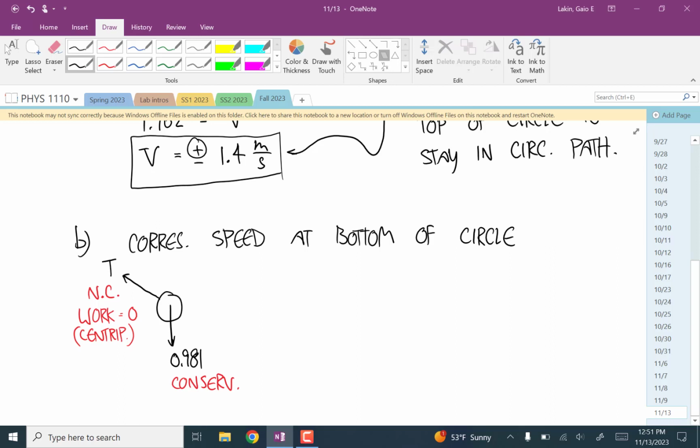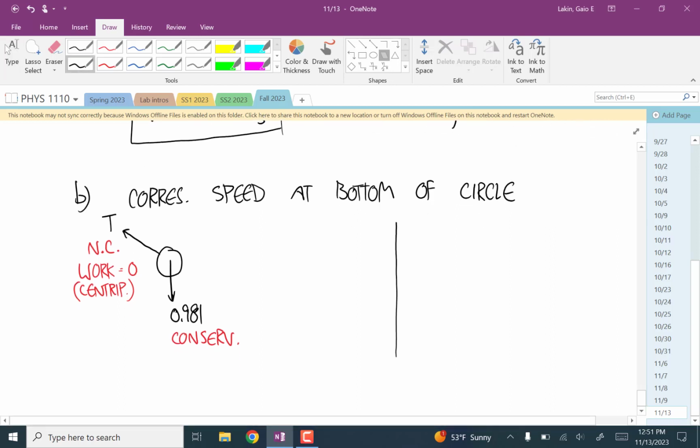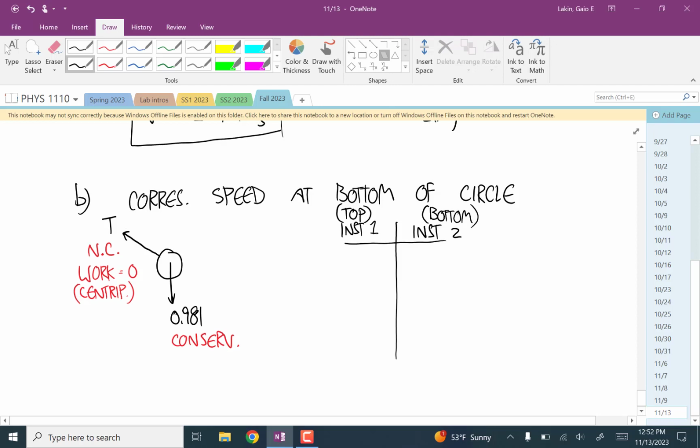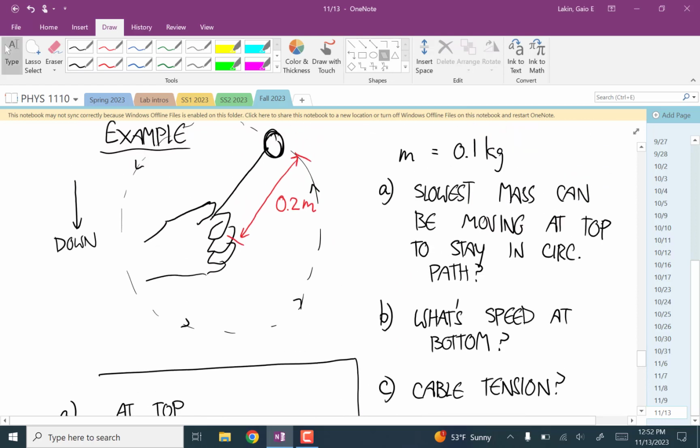Okay, so let's write out this table. We have instant 1, that's at the top of the circle, and instant 2 at the bottom of the circle. We have to choose a height equals 0.